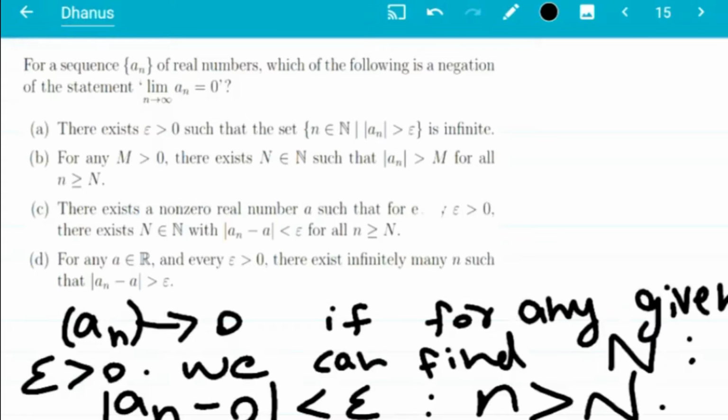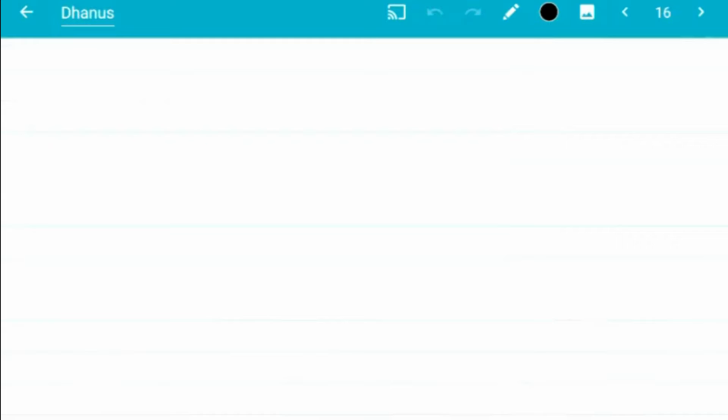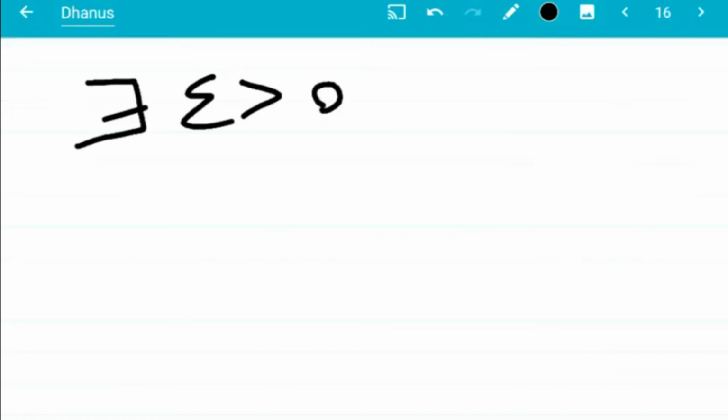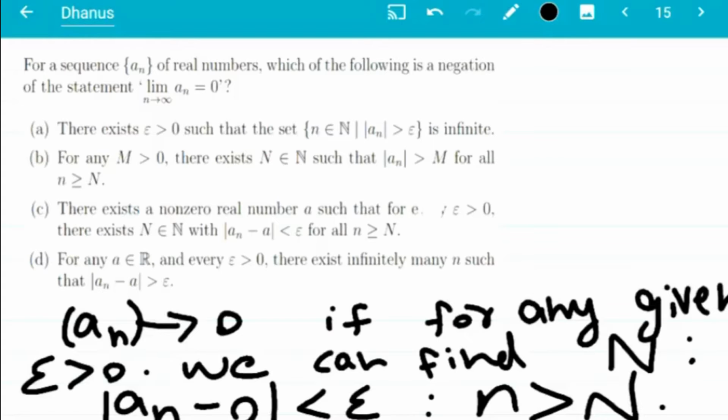By taking the negation directly from this, we can say that there exists some epsilon greater than 0. For any given epsilon, the negation will be there exists.